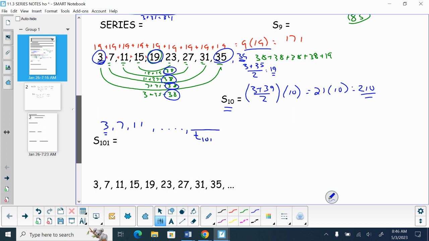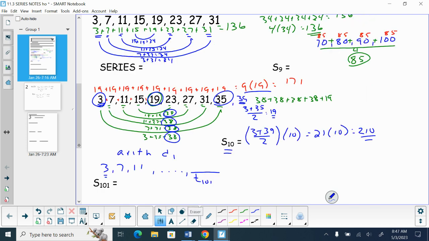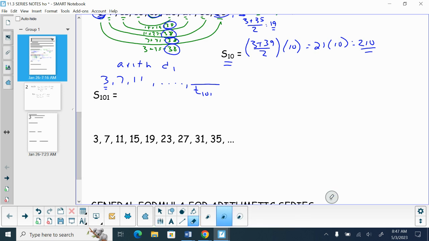Well, what type of sequence do we have here? Ella, what type of sequence? Arithmetic. What's our common difference? 4.